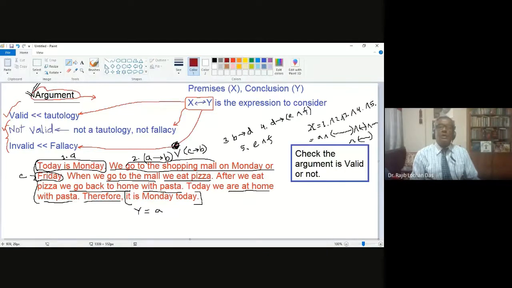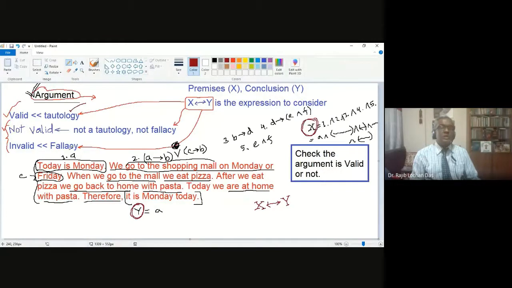When you are done with your X and Y, then you try to prove X by condition Y. If you can show that X by condition Y is always correct, always true, that means it is always a tautology.